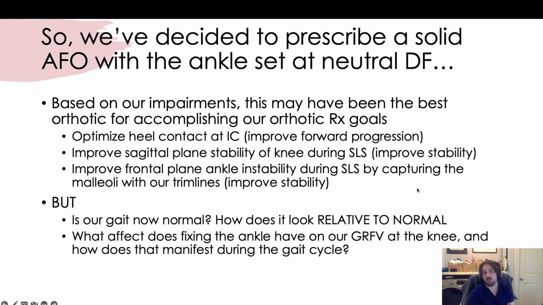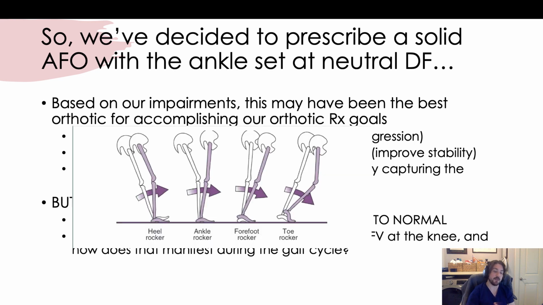We want to see what effect does fixing that ankle have on our ground reaction force vector at the knee, and I didn't include it in the bullet point here, but also on our rocker system throughout our gait cycle. And how does that end up manifesting during the gait cycle? Now, are we seeing new kinds of gait deviations? Is our gait as efficient as we want it to be? Are we seeing that the person is preserving their forward momentum and smoothly rolling through the gait cycle?